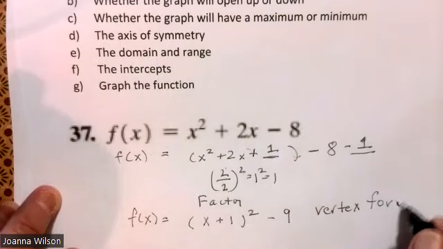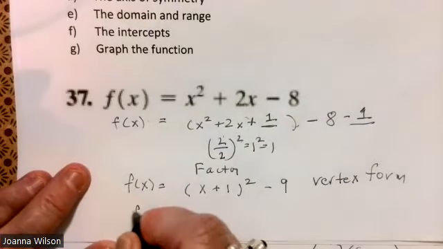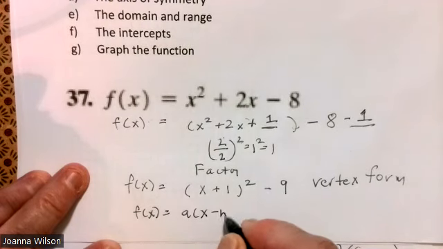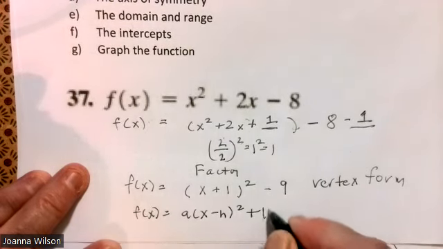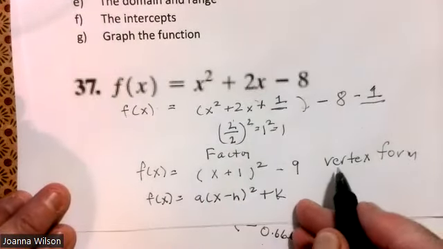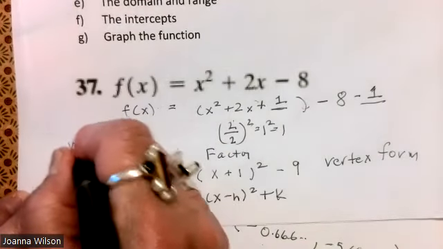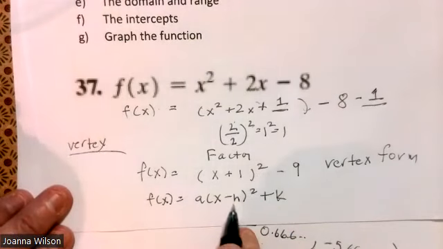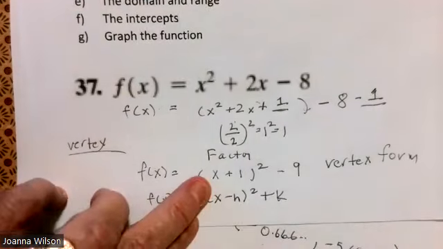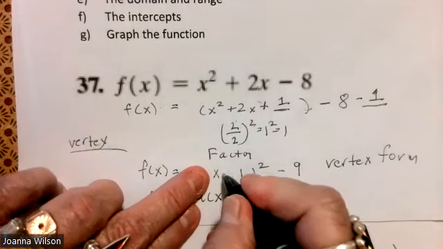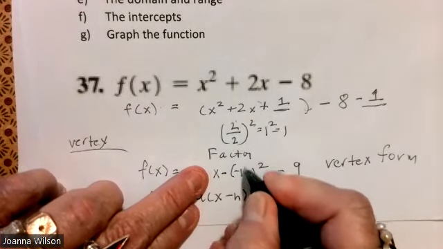Okay. So vertex form says f of x equals a times (x minus h) squared plus k. That's the vertex form. Now, the vertex of this function, because this is the way the formula goes, if there's a plus sign right there, you can think of it this way: the plus would be like a minus 1.